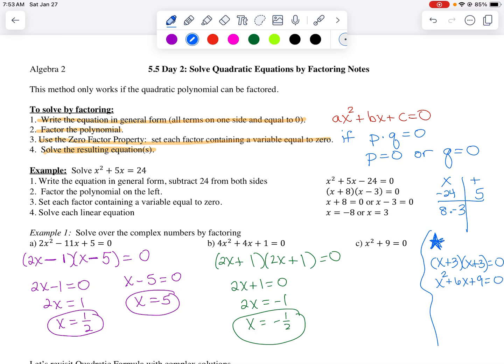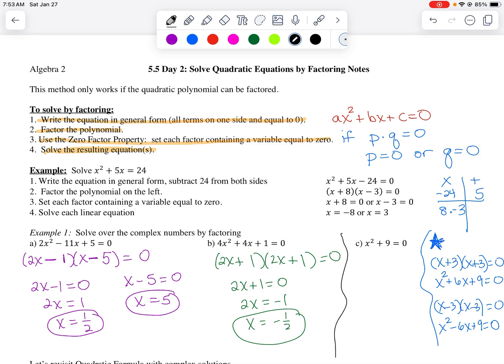That doesn't work. If I do x minus 3 times x minus 3, that doesn't work. And the problem is that my outer and the inner are not canceling. The outer and the inner are not canceling. So watch this, okay?